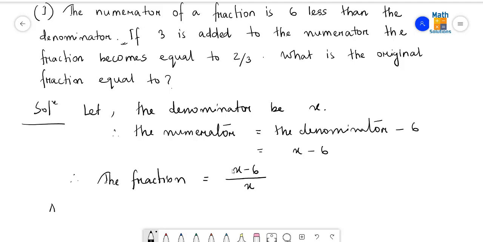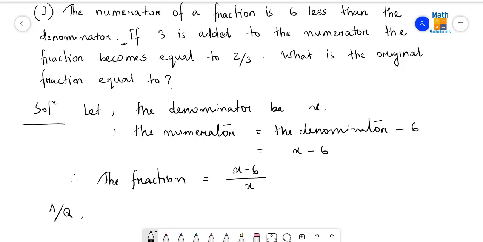Now let us look at the second condition. If 3 is added to the numerator, this is the numerator x minus 6, to this if I add 3, the entire fraction will be equal to 2 by 3.